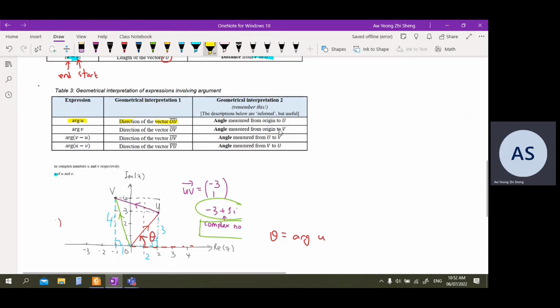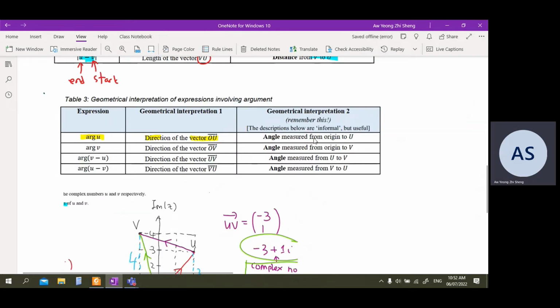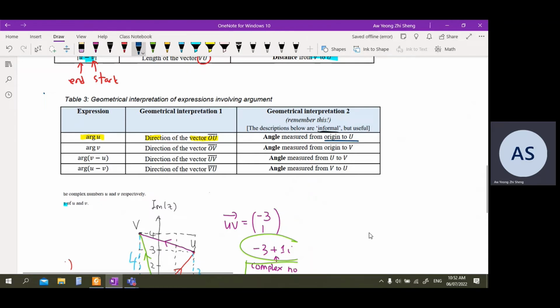Informally, this second geometrical interpretation is actually very useful, especially when we learn the topic of locus. Informally, I like to call it angle measured from origin to u.